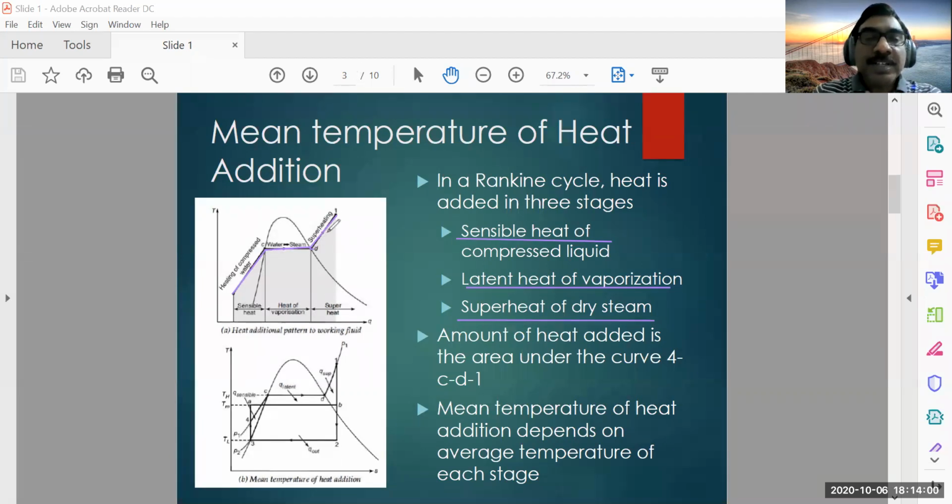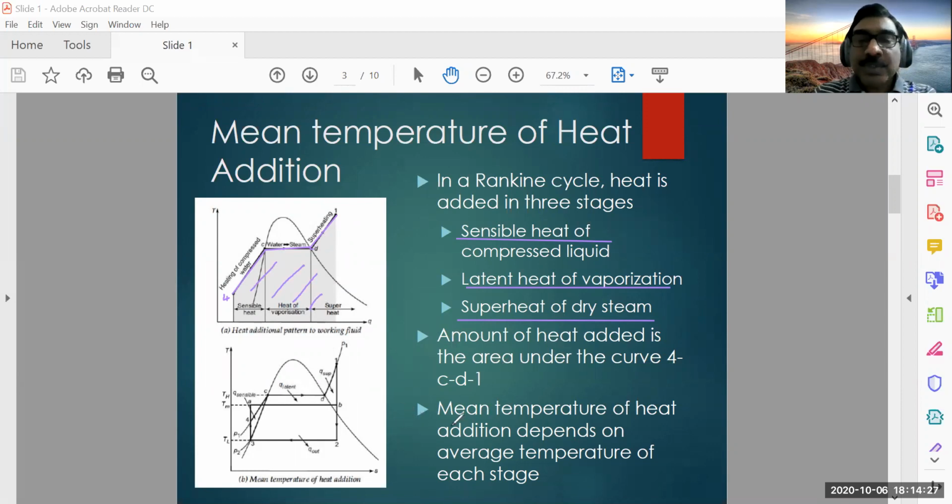To that dry saturated steam, we are adding some more heat and making it superheated steam. The amount of heat added is given by the area under the curve 4CD1. So the area below this will be the indication of the amount of heat added, right?